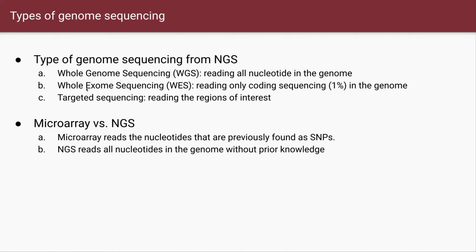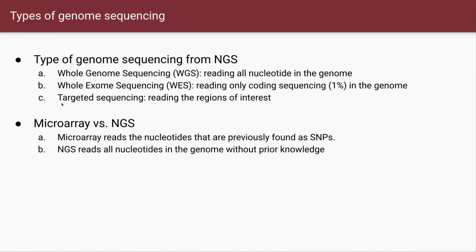Or you can look at the exon region, the exome, which contains the coding sequence that can produce protein-coding genes. That is 1% of the genome. So this is much tinier information, and you can directly find mutations affecting protein production, right?